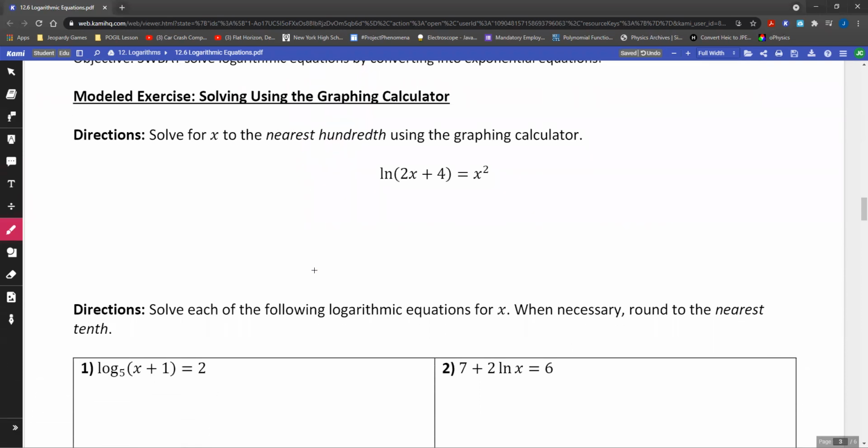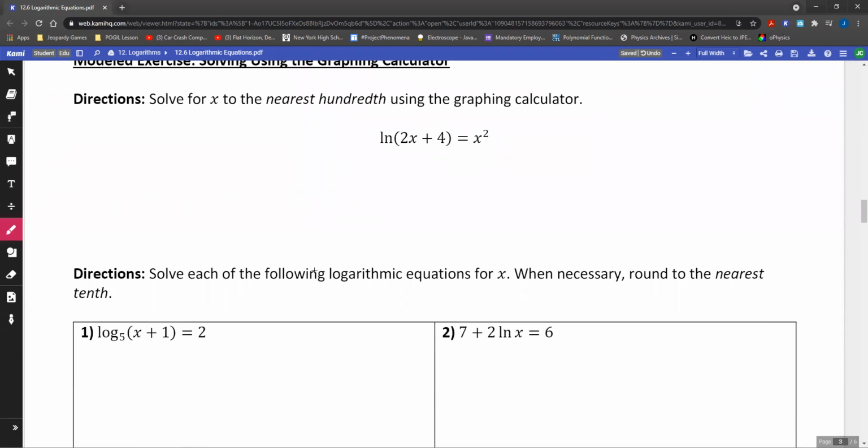All right, so here they want us to solve this for x to the nearest hundredth using the graphing calculator. So the main way that they want you to do this, if you find that you have something that's a little bit tricky. So here we have the variable both inside the ln term and over here.